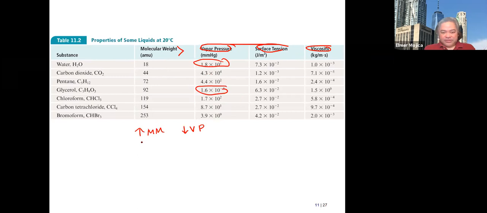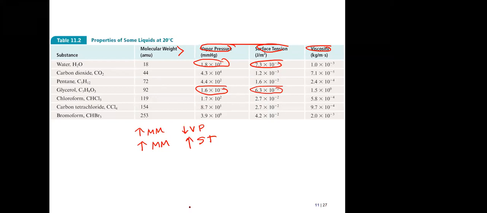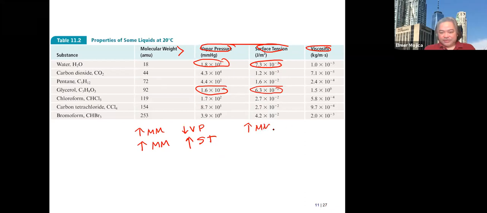How about surface tension? The only one that is always an anomaly is this and this one maybe. Right? And if we're going to look at the viscosity, what happened?